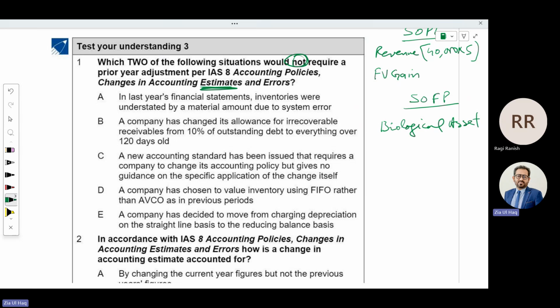For a policy change, prior adjustment is required. For a prior error, prior adjustment is required. For an estimate change, no prior adjustment is required.